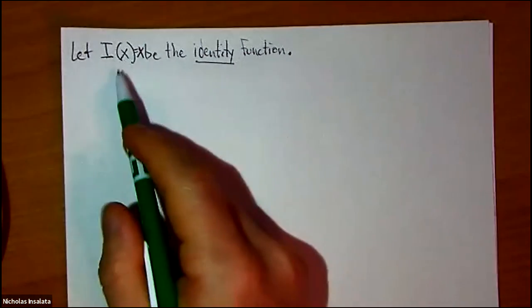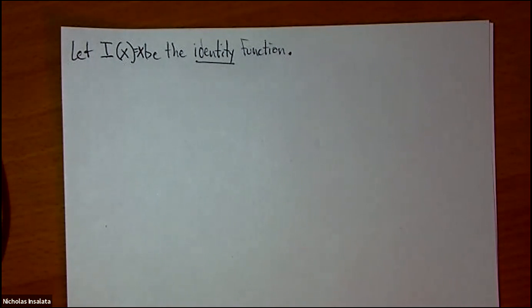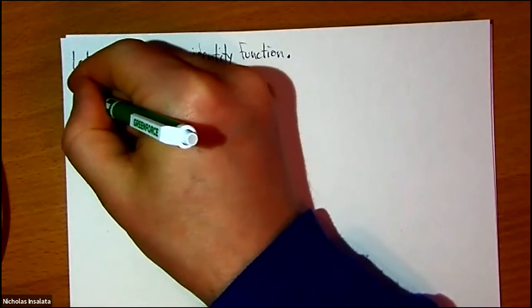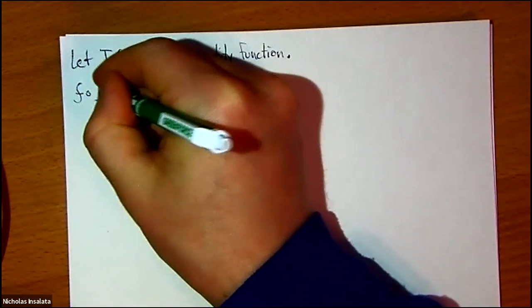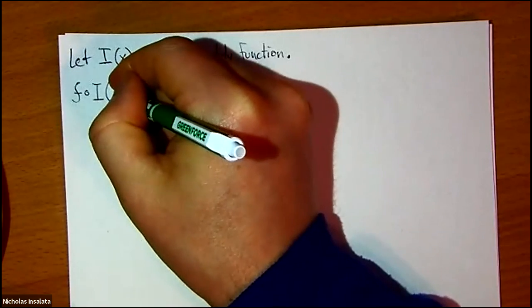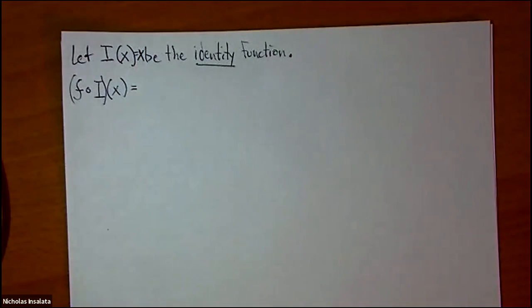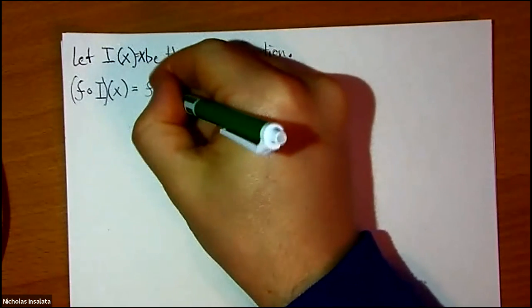So it's a function where you plug something in, it gives you out the same answer. Well, what if I compose a function with the identity? f composed with I of x. What's that going to be equal to? Just f, right? It's just equal to f of x.